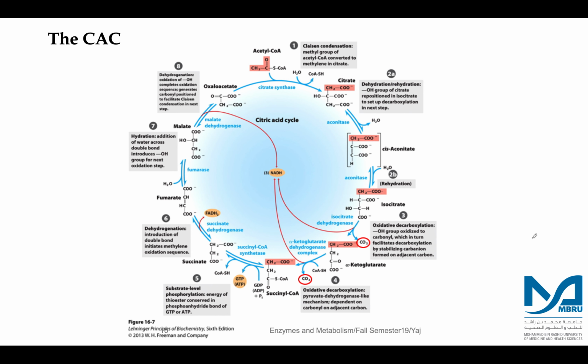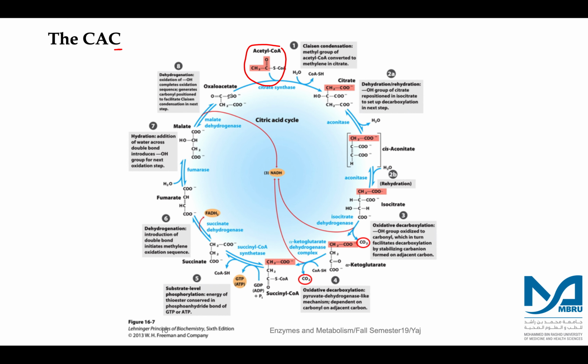So in the first step, we have converted pyruvate to acetyl coenzyme A. Once you have acetyl coenzyme A, it will enter the citric acid cycle, and the term cycle is very important here. A cycle means I will start at a specific point, go through successive steps, and come back to that point again.